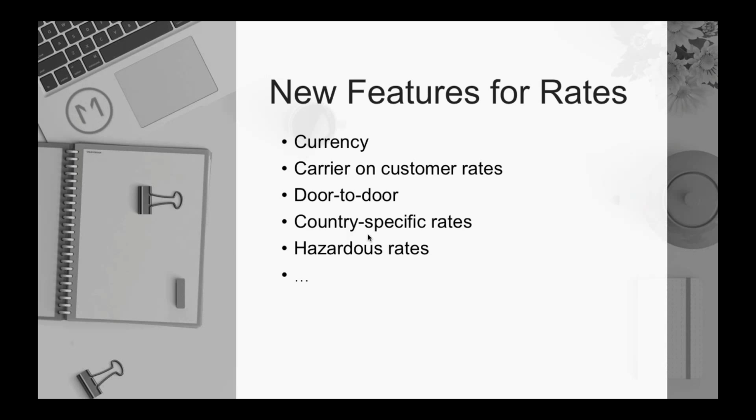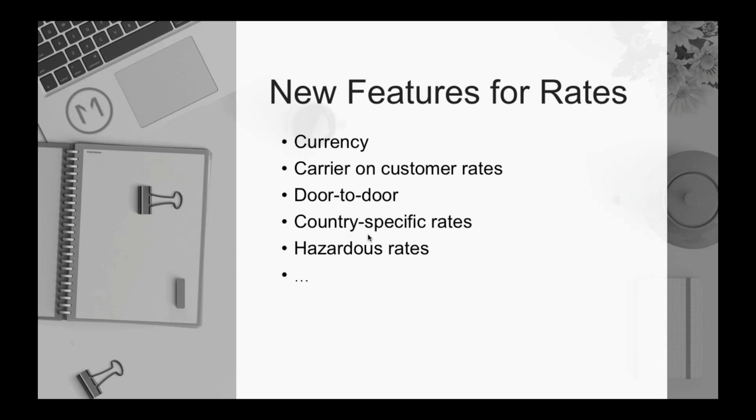So before, to actually have Magaya system automate for you a door-to-door shipment, you needed 3 separate rates for those 3 legs, and it was just a lot of data entry. Now you can specify that on a single rate record. We have country-specific rates, which is also huge.